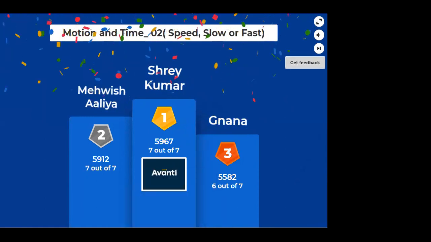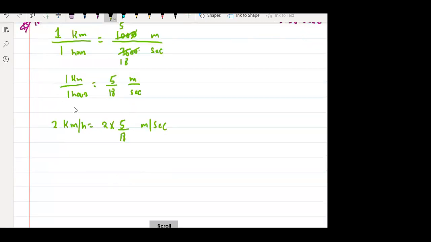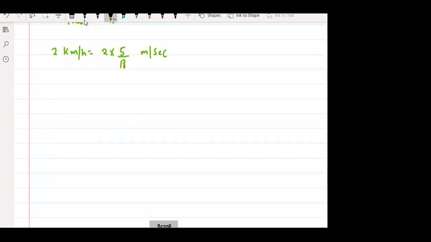Okay, chalo. So I will revise once again. So I guess this is clear. Now, when you talk about uniform motion, as we have studied, uniform motion means what? Same distance covered in same time interval.